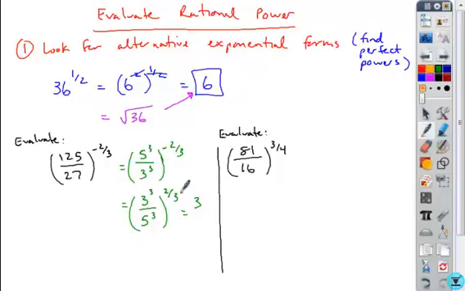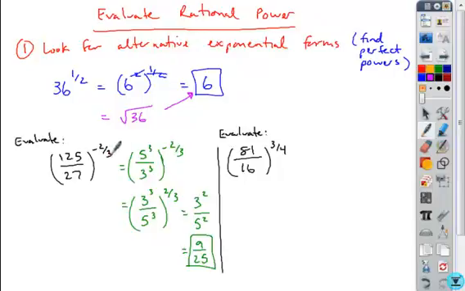The 3 and the 3 cancel, leaving just 3 squared. And then you apply that power to the denominator, 5 to the 3rd times 2/3. Again, the 3's cancel, leaving just the 2, 5 squared, which is going to give you your answer of 9 over 25.